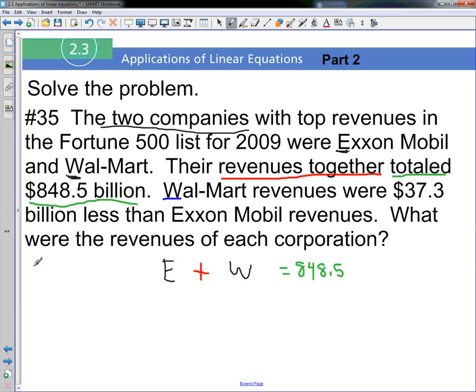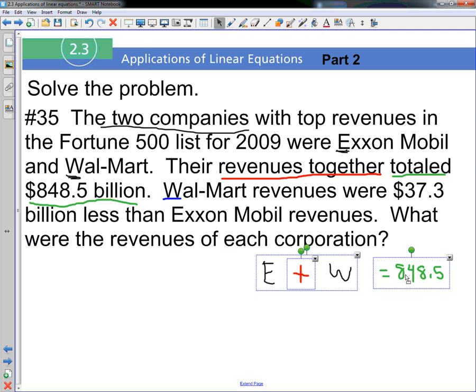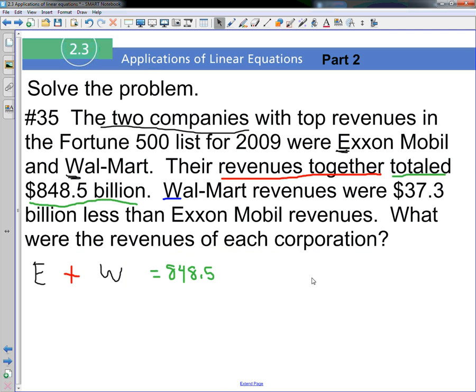Okay, so that's telling me, let me go ahead and move this over a little bit so we have some room. So what that statement is telling me is Walmart's revenue were 37.3 billion less than Exxon.